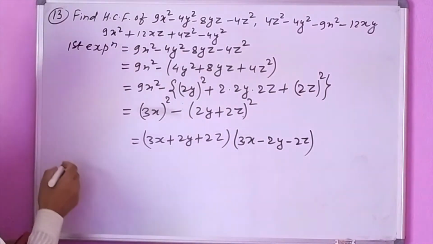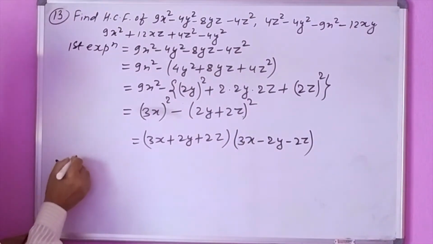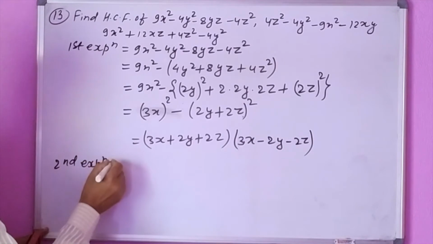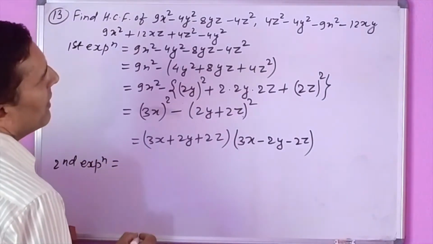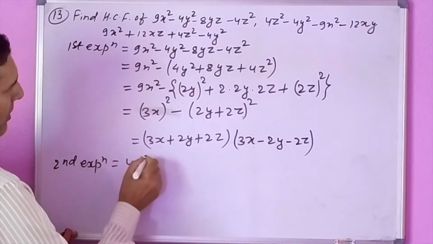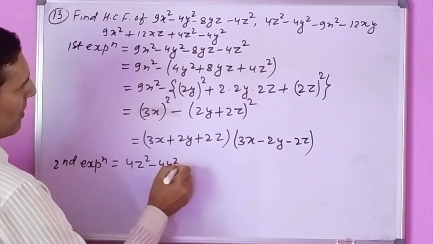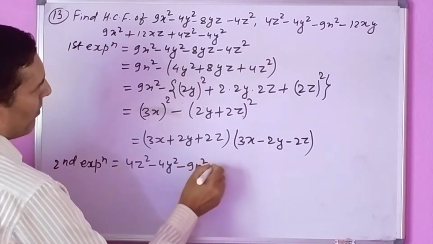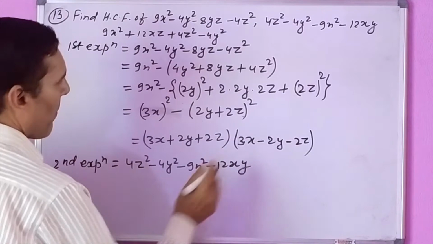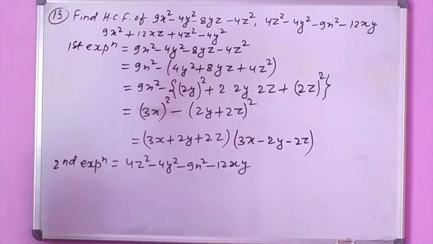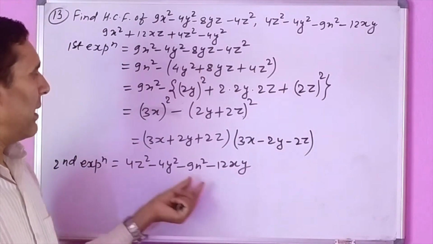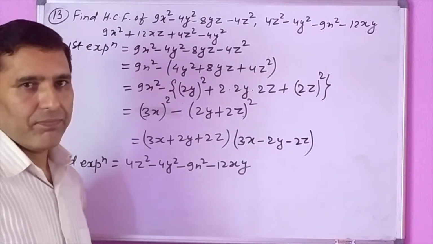Similarly, we have the second expression. The second expression is also like this: 4z square minus 4y square minus 9x square minus 12xy. Here also, the last three terms contain x square, y square, and xy.